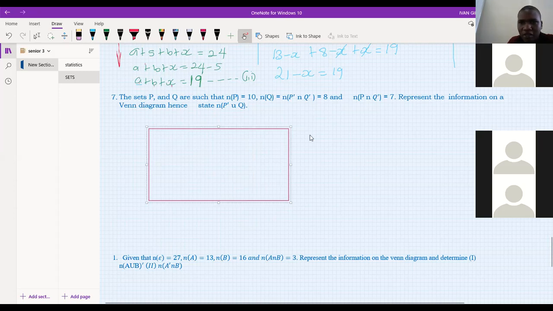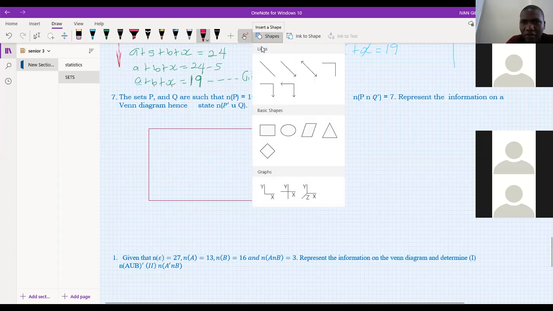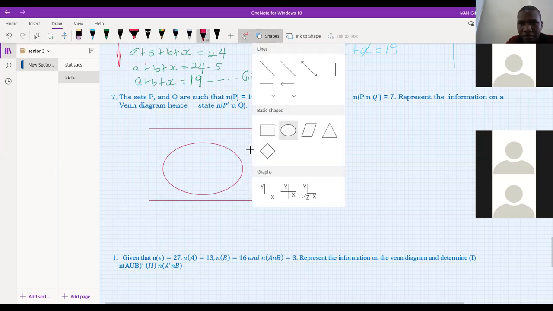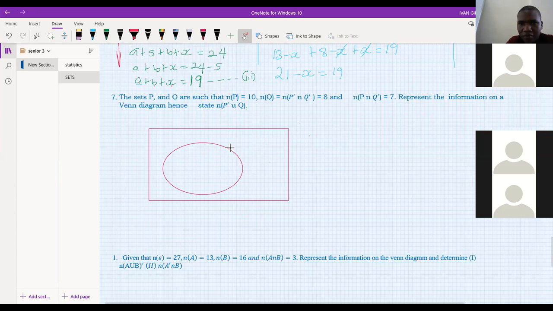That's our set, a circle outline. This is one set. Then we have another one.